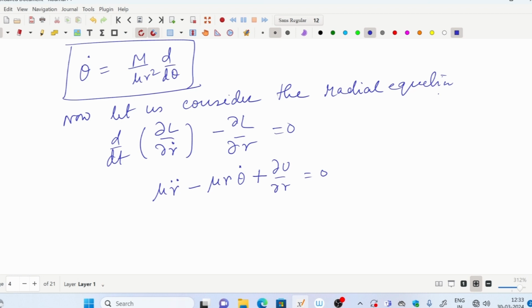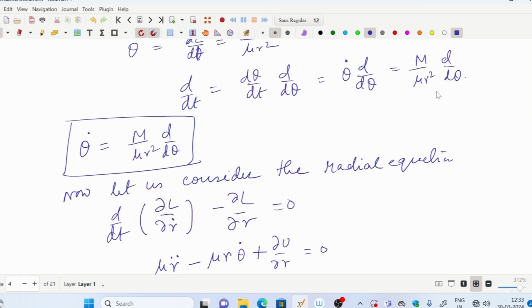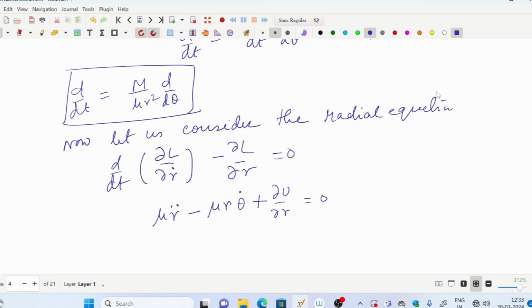This radial equation will be used to find the orbit. Please make a correction: this will be d dt of this. Now this equation I can write as mu r double dot equal to mu r theta dot square minus del U del r.